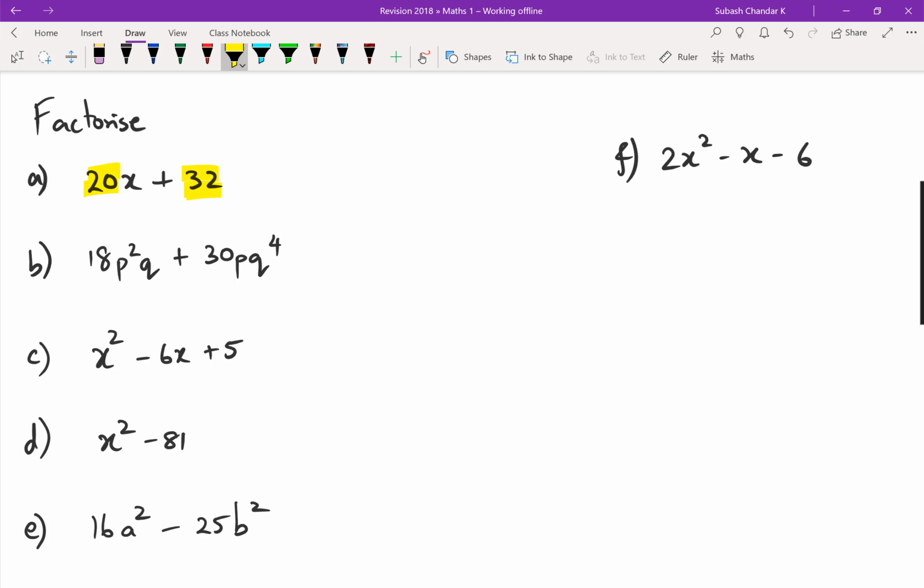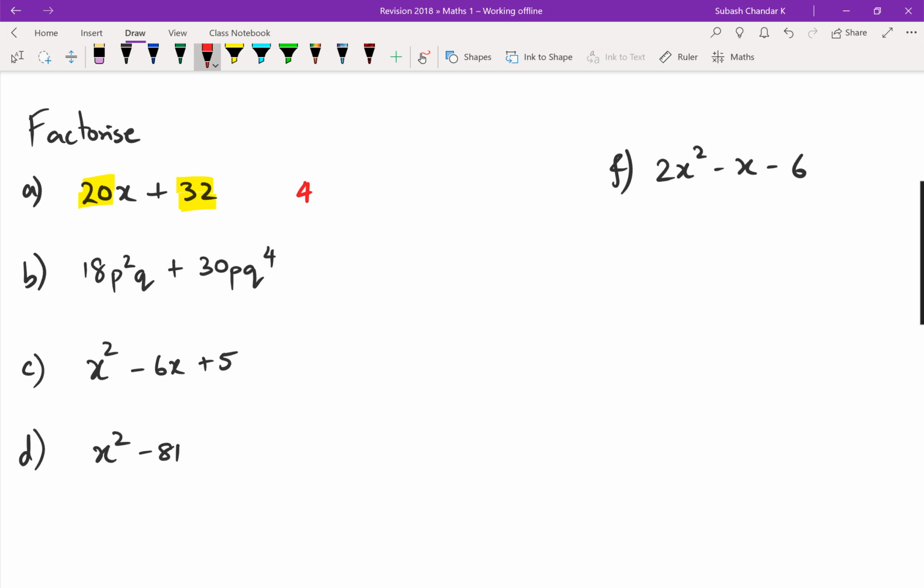You know that both of those numbers can be divided by 2. You also know that the numbers can be divided by 4. Anything higher than that, I don't think it's possible. So you're looking for the highest number that's common between them, which is 4. So you're going to take 4 out.